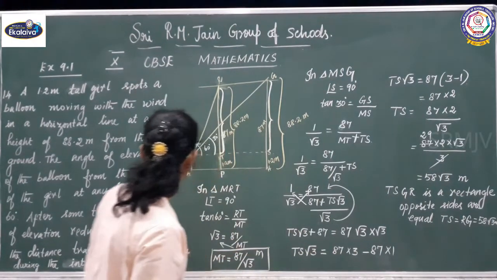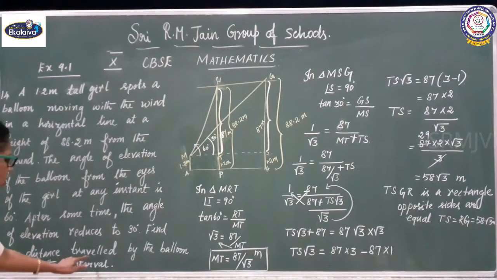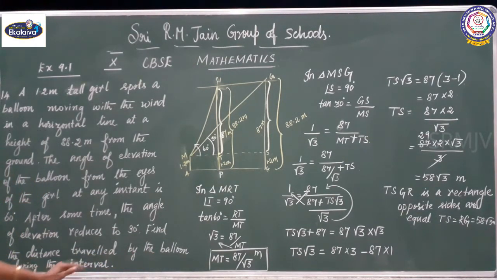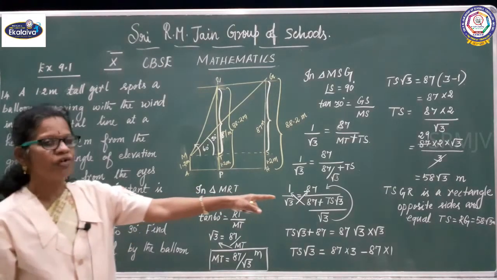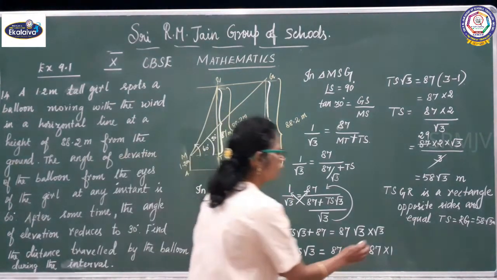What they are asking in the question is the distance travelled by the balloon during the interval. What is the distance travelled by the balloon during the interval? 58 root 3 meter.